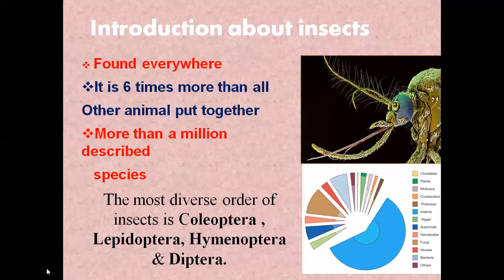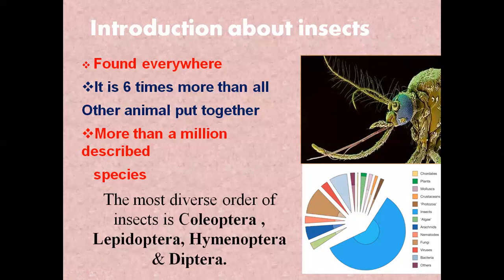So the insect is found everywhere. Why is it called found everywhere? Because if you look at the earth, in various areas and regions, insects are found in water, even in mountains, rivers, and seas; everywhere there is a habitat where we find them.